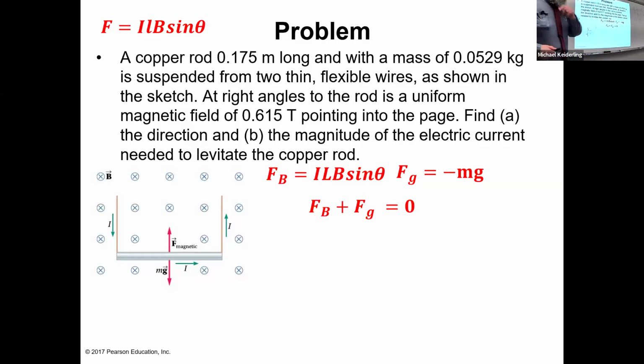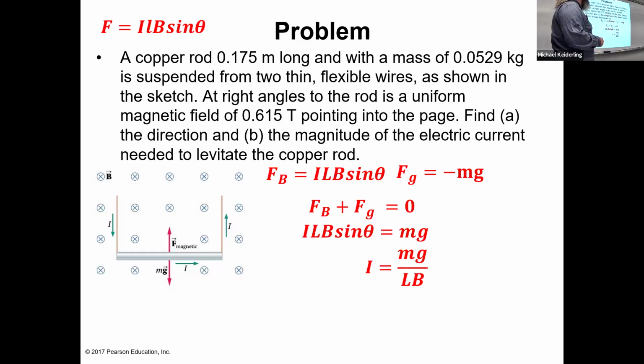Now let's figure out the magnitude. Current times length times magnetic field times sine theta equals mg, because FB minus mg equals 0. The current is going to be mg over the length times the magnetic field.